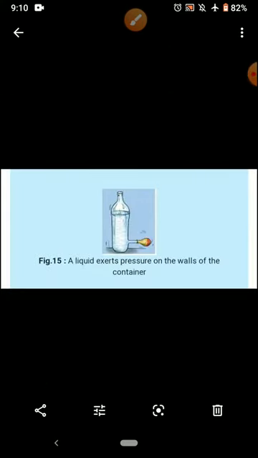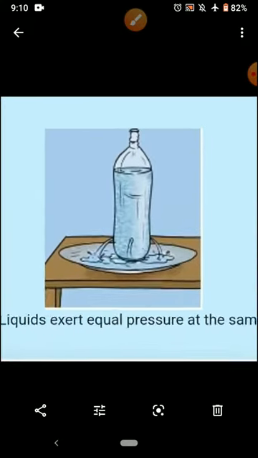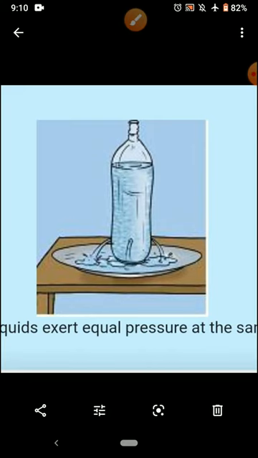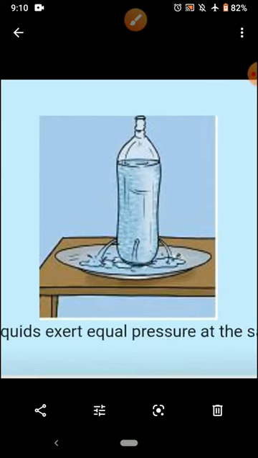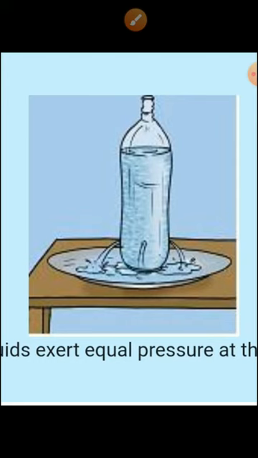Another simple activity, activity 9.10. Take a plastic empty bottle or discarded bottle, just like in activity 9.9. Or you can use a tin of talcum powder, but a plastic bottle is very convenient.